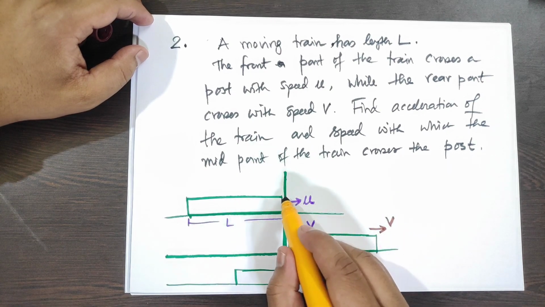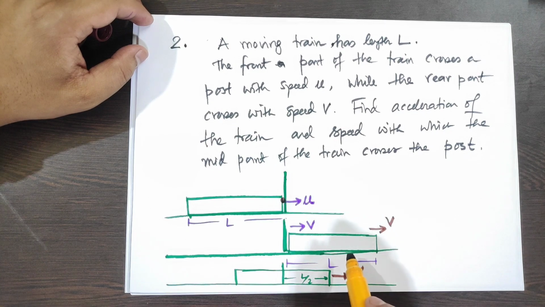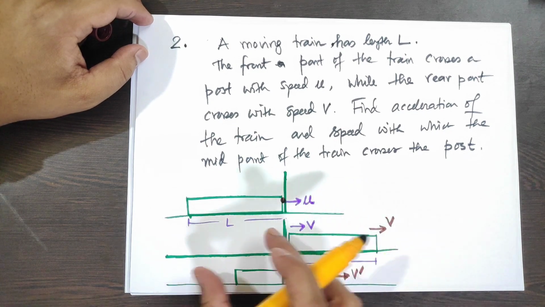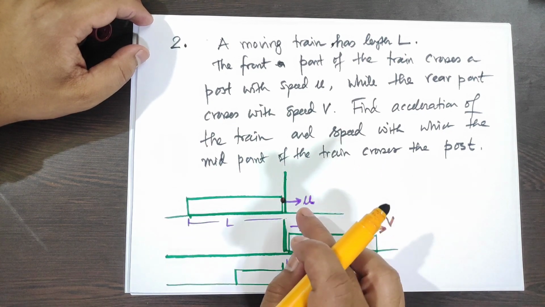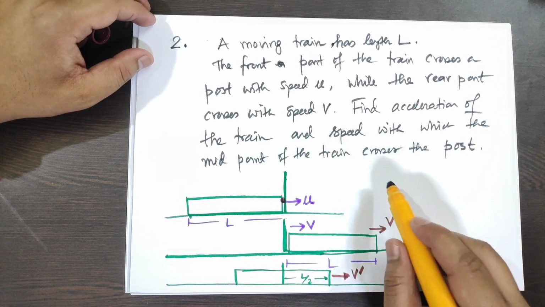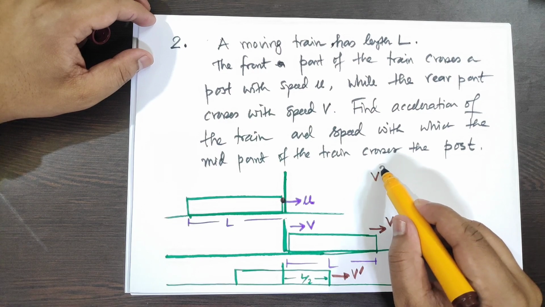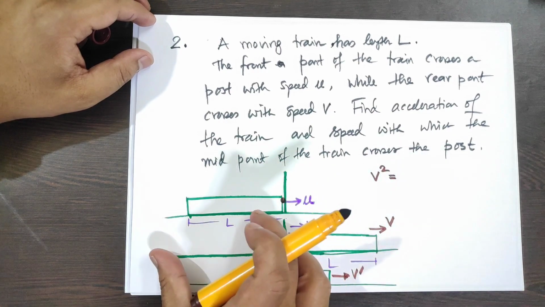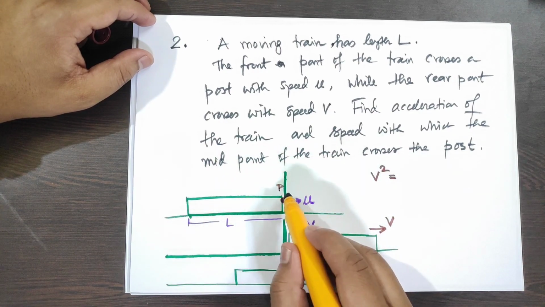So for this particle, when it traverses a length L, the speed changes from u to v. So there we will apply v square, final velocity, after traversing. We are concentrating on this point on the train.